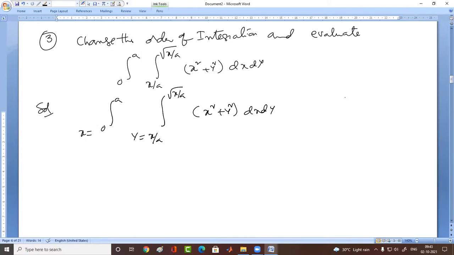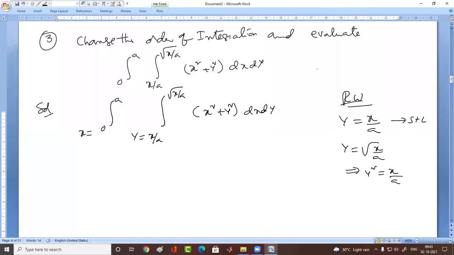Just for understanding, y equals x by a is nothing but a straight line. Now the second, upper curve, y equals root over x by a, is nothing but y square equals x by a. It is a parabola. Okay.